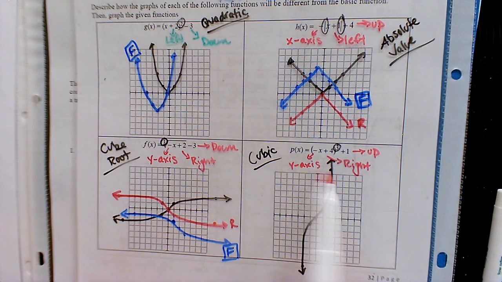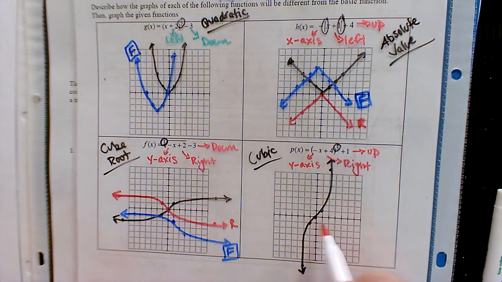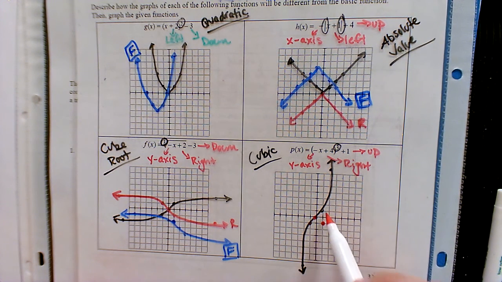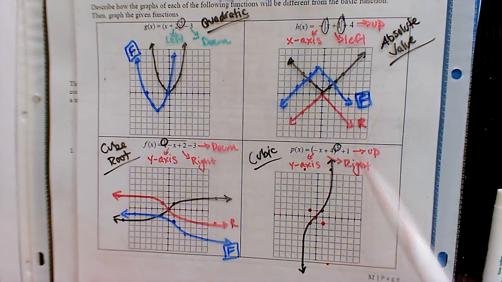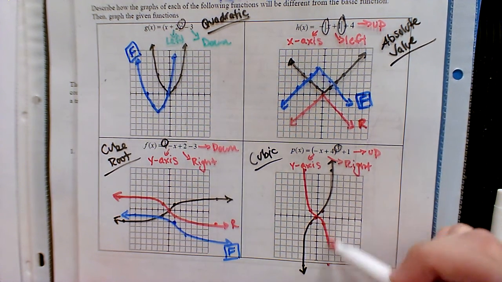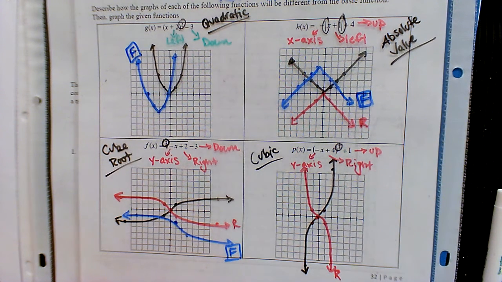We're going to fold everything over the y-axis, so anything on the left is now on the right, and anything on the right is now on the left. So this left point would move to the right, the origin point would stay the same, this right point would now move to the left, and these other ones that are slightly off our graph, they would move appropriately as well. So there's the reflection.